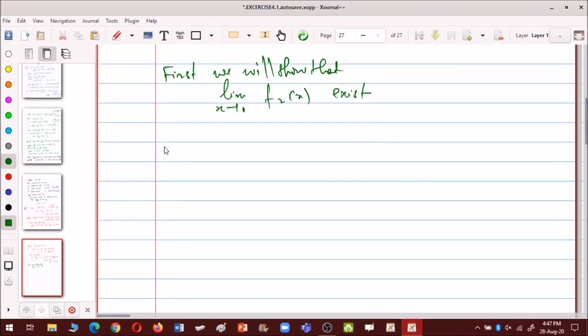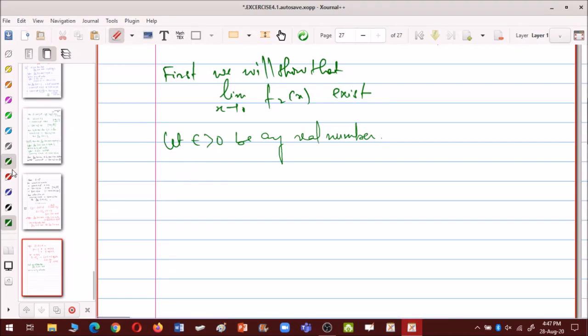So for this, let epsilon greater than 0 be any real number. Now consider, first we will show that this is exactly equal to 1.